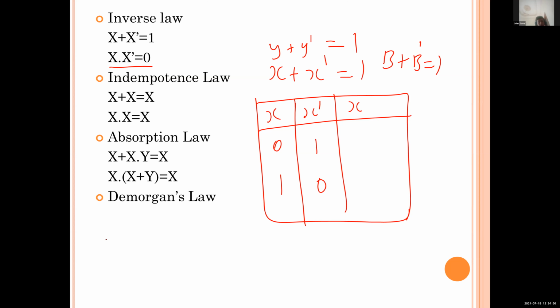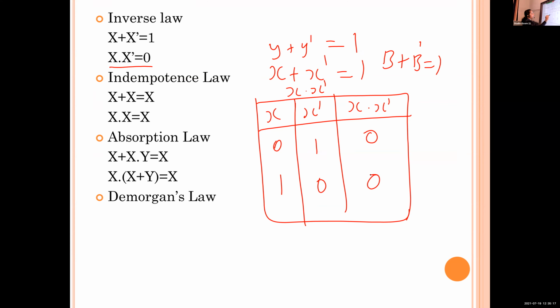Ma'am, we will multiply X and X complement. Okay, so here X complement is 1 and 0. So X dot X complement: 0 into 1 is 0, 1 into 0 is 0. X is the original variable. If it is 0, the complement is 1.